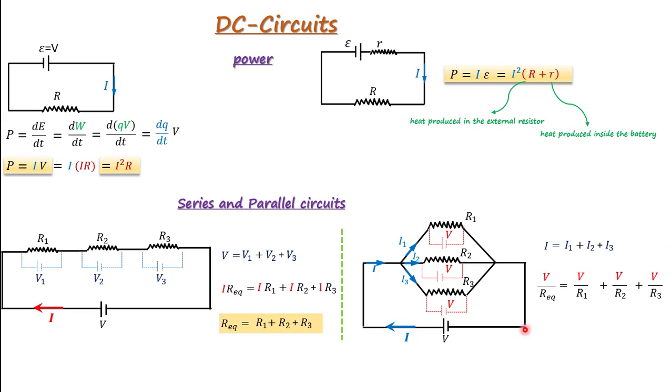All the V's cancel out, and then we get 1 over R equivalent equals 1 over R1 plus 1 over R2 plus 1 over R3. So if we have resistors in parallel, then we need to use this equation. Remember, for two resistors in parallel, we can find R equivalent as R1 times R2 divided by R1 plus R2.